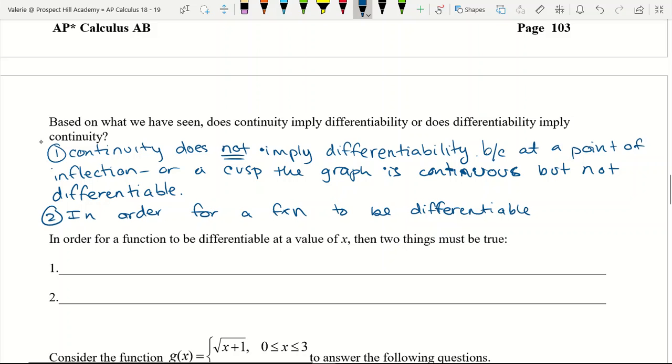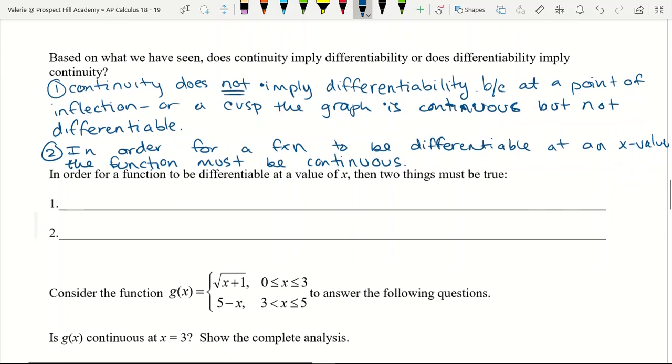So in order for a function to be differentiable at an x value, the function must be continuous. Okay, so continuity does not imply differentiability. Just because a function is continuous at a value does not mean it's going to be differentiable. However, if a function is not continuous at a value, you can state that it will not be differentiable.